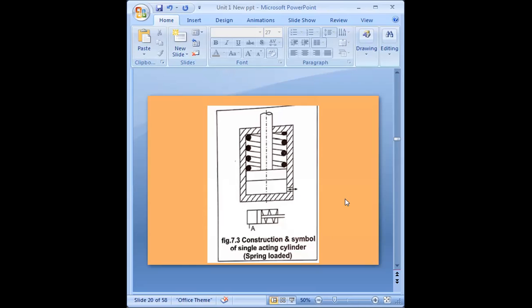Whatever I have shown in the diagram is a cylinder with spring return.